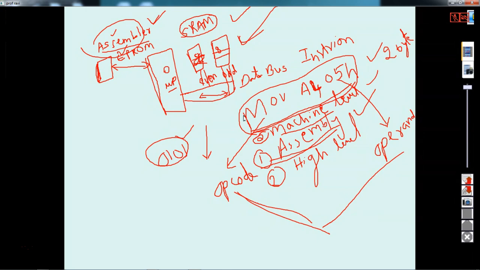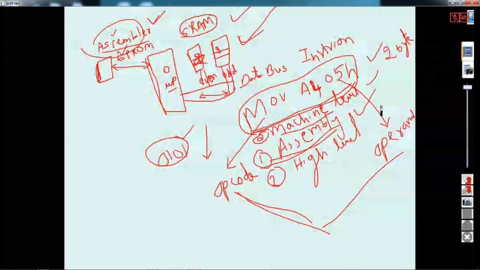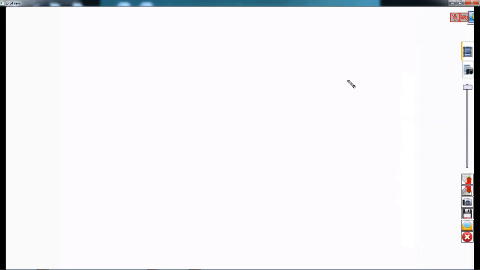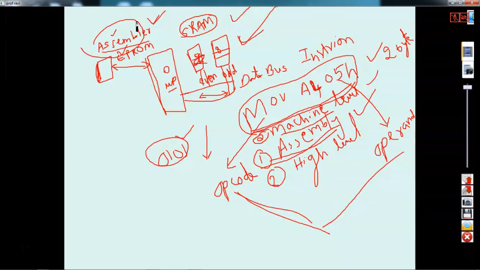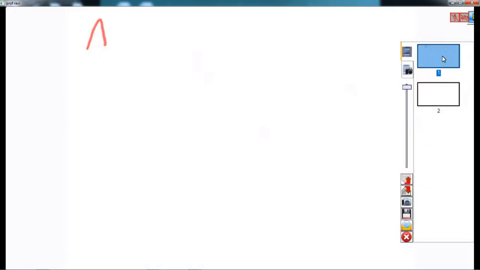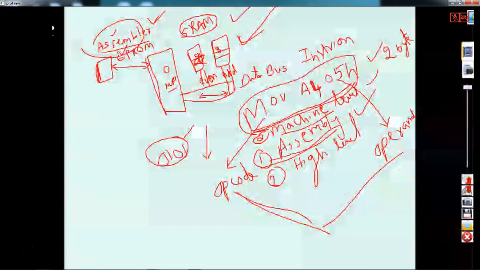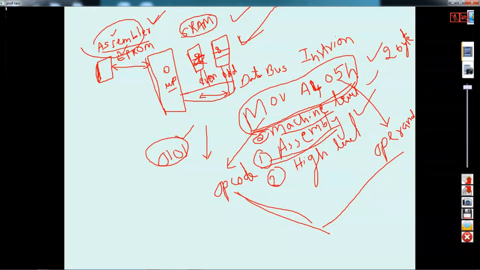Today's class, we are going to discuss addressing modes. Now, what is this addressing mode?